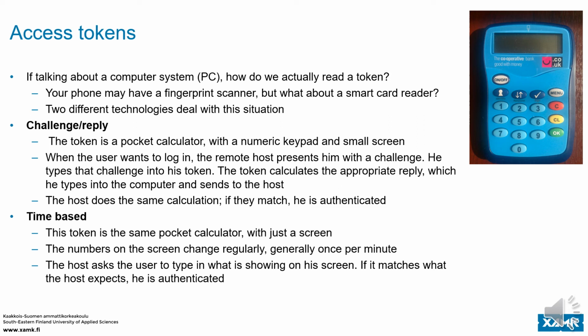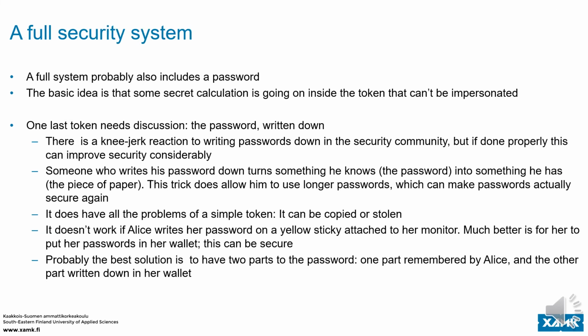In time-based systems, the token is the same pocket calculator, but it only has a screen and no keypad. The numbers on the screen change regularly, generally once per minute. The host asks the user to type in what is showing on his screen. If it matches what the host expects, he is authenticated. A full system probably also includes a password. The basic idea is that some secret calculation is going on inside the token that can't be impersonated.